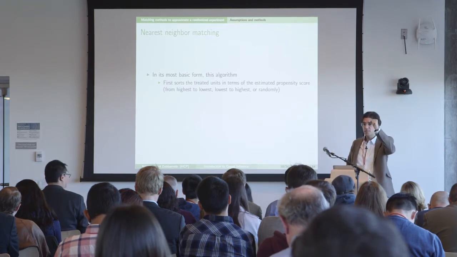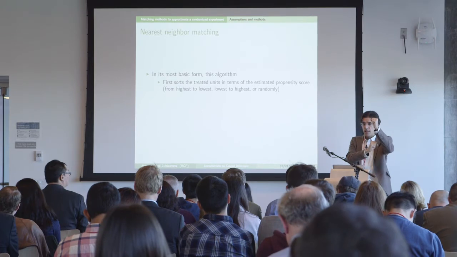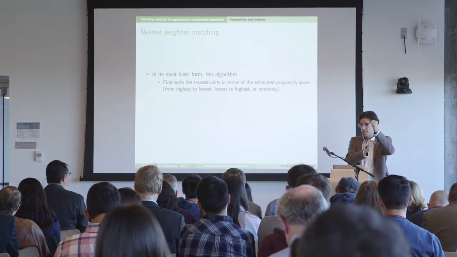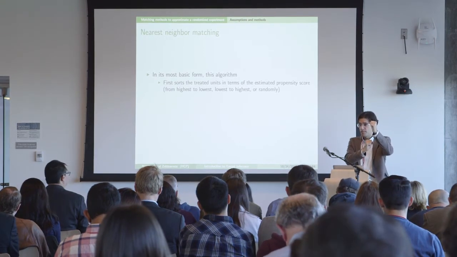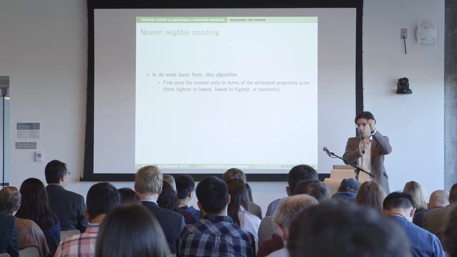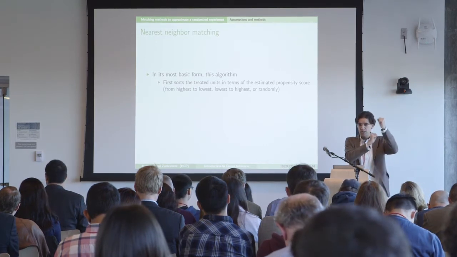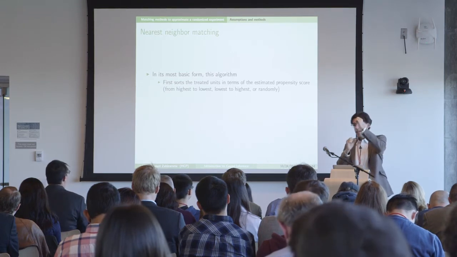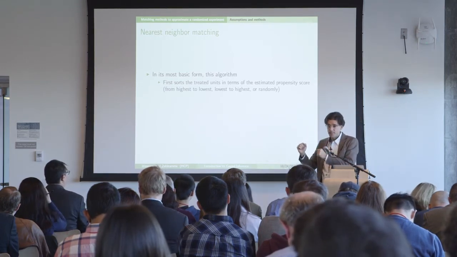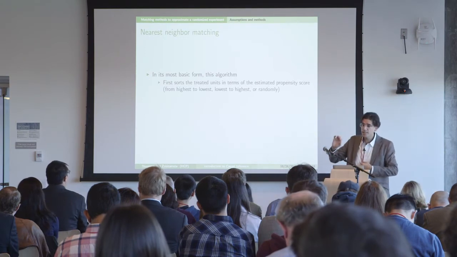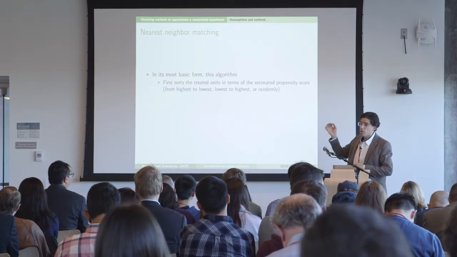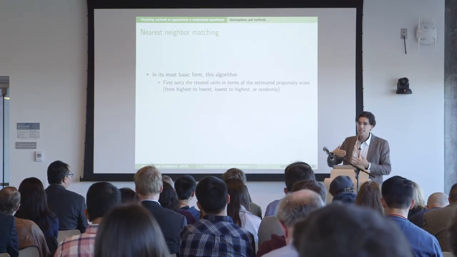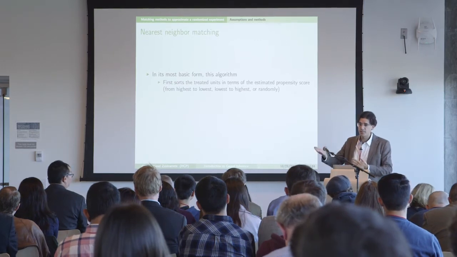And then for the first subject in the treatment group, I find the closest control. And I match them as pairs, for example, with or without replacement. If it's without replacement, then I remove these two subjects and I move to the next one. And so on I go, matching all the subjects. Right? I find the closest available control one at a time, making this first best decision one at a time.